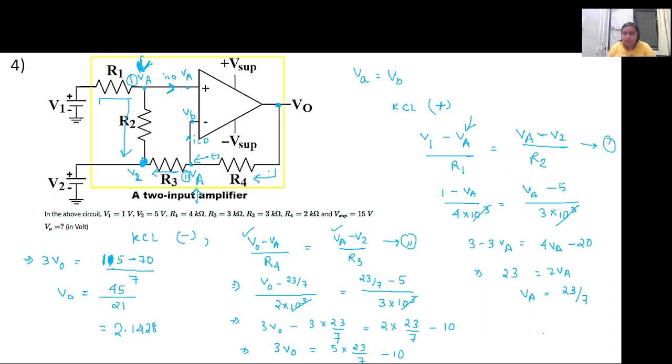So we put it in and get that voltage VA is equal to 23 by 7 volt. And in the second equation, we have two unknowns, V naught and VA. So we plug in the value of VA here, and V2, R2, R3 and R4 we have. So we put in all the values and we calculate V naught. V naught comes out to be 2.1428 volt.